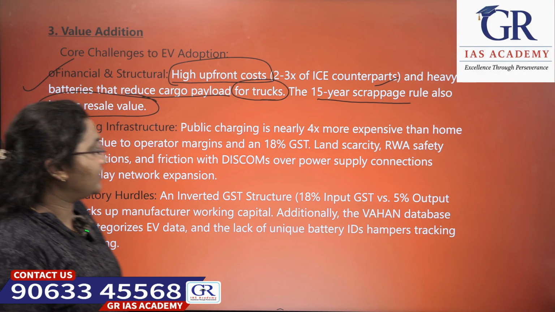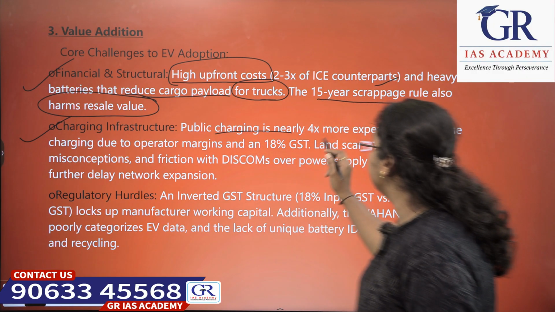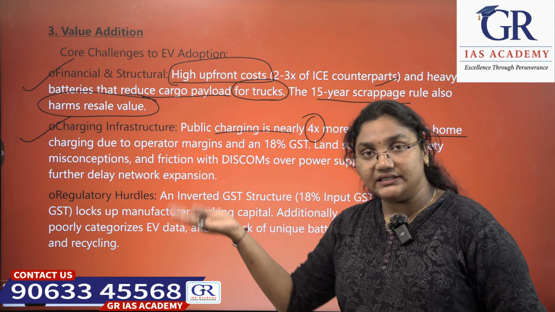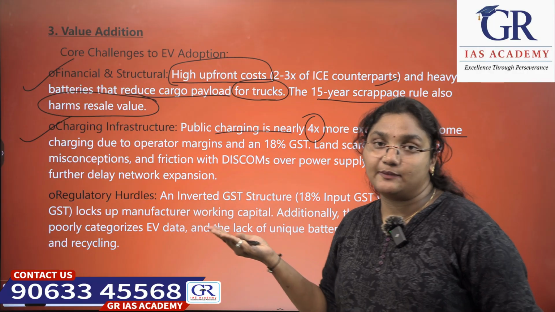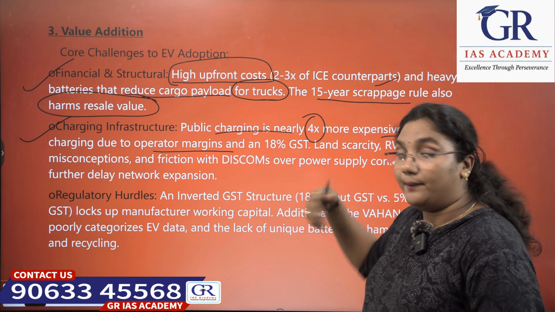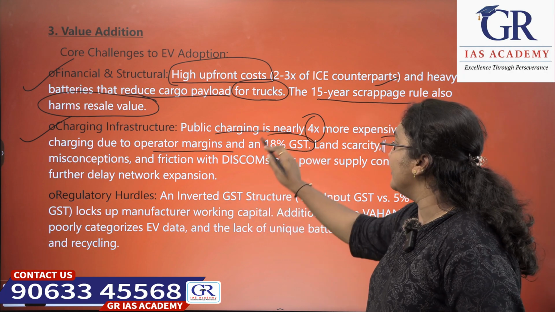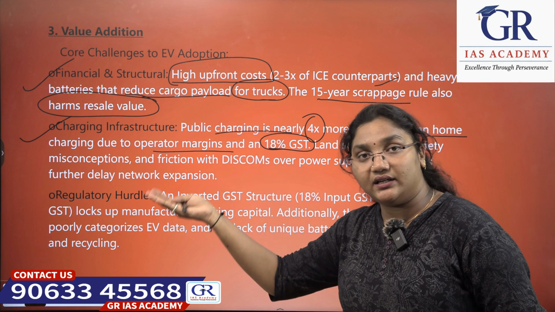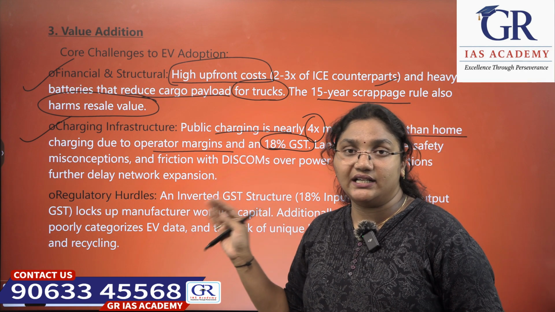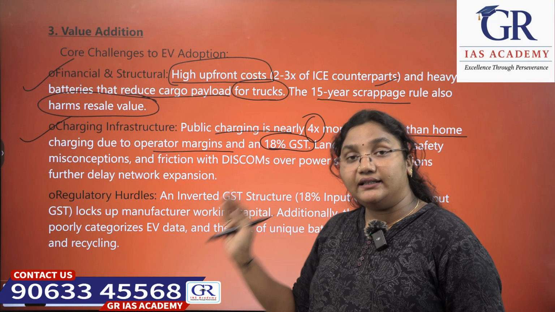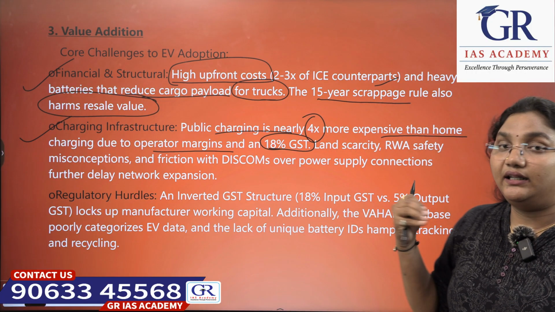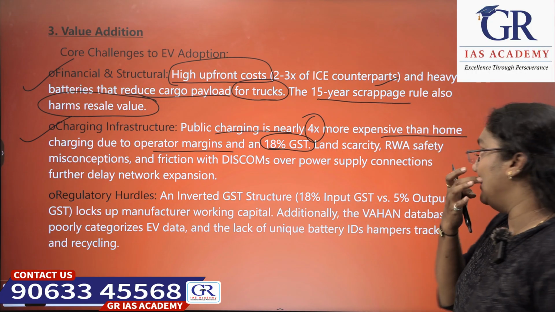Next is charging infrastructure. Public charging is nearly 4 times more expensive than home charging, due to operator margins and 18% GST. Outside operators generally charge an amount for vehicle charging, and along with it 18% GST is included, so charging is costlier outside.